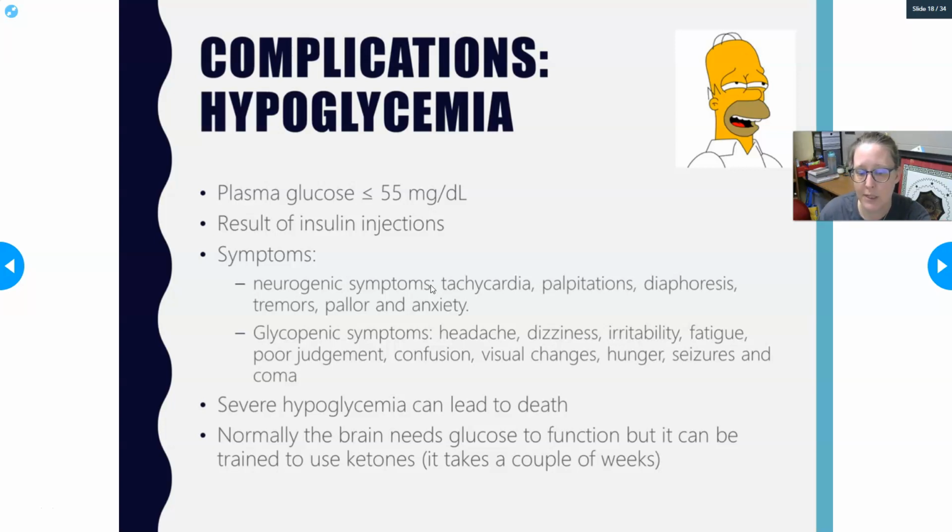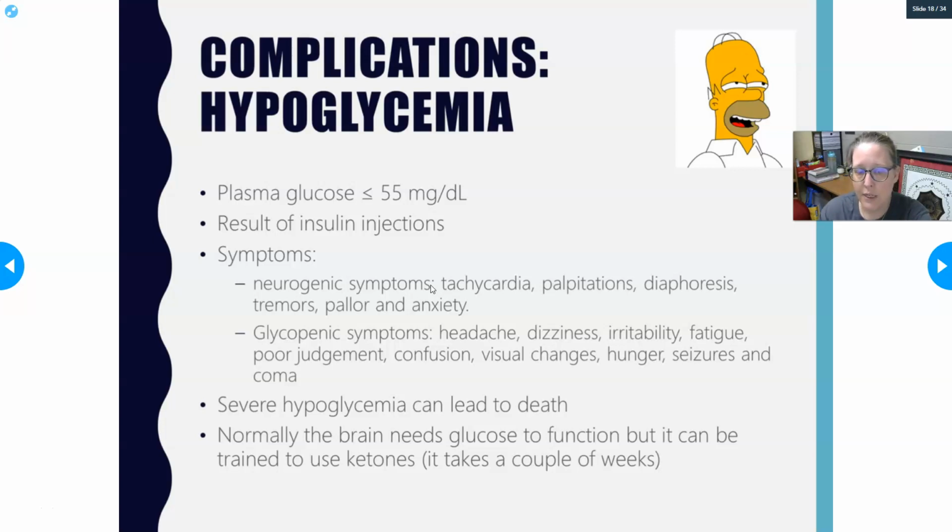So severe hypoglycemia can lead to death, so it's something that needs to be intervened. There are different types of glucose solutions that can be given, like put into the cheek. And obviously one can do a quick finger stick glucose to see what's going on with the patient. Normally the brain does need glucose to function.